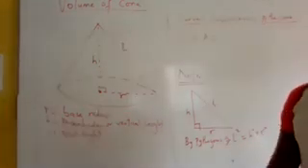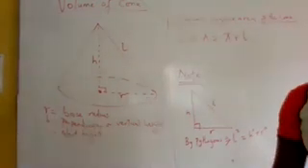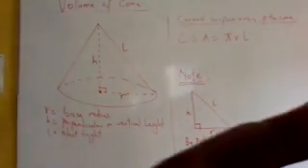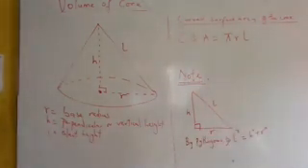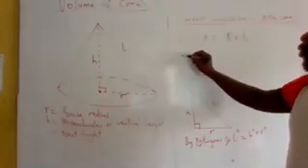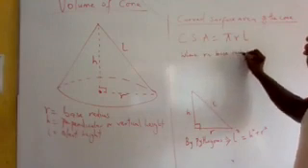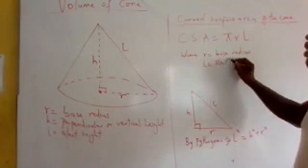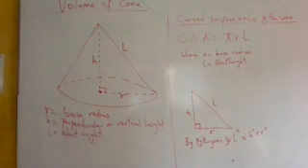The formula for this is pi r L. It is pi r L. That's the formula for the curved surface area of a cone, where R is the base radius, and L is the slant height. And of course, you know what pi is already.